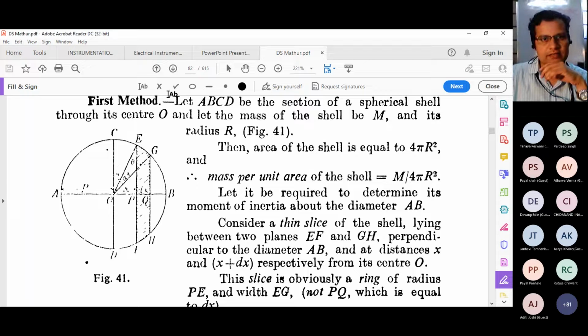Just a minute. Where is the highlighter? If I'm writing something, I can write it over here, but I don't want to write. I'll just use the highlighter over here. Just a minute.